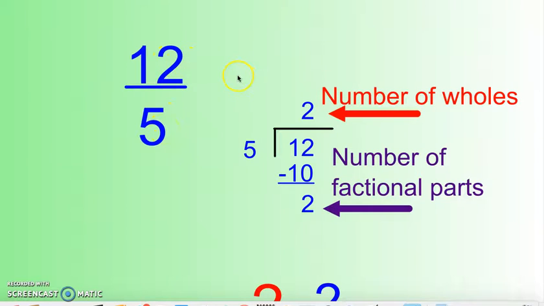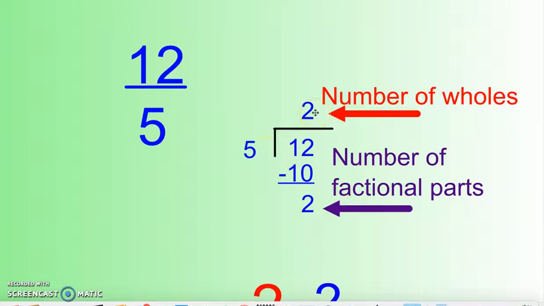We're going to take 12 and put it inside, because remember this is going to fall over inside, and so 12 is going to be our dividend and 5 will be our divisor. So 12 divided by 5, so 5 goes into 12 how many times?